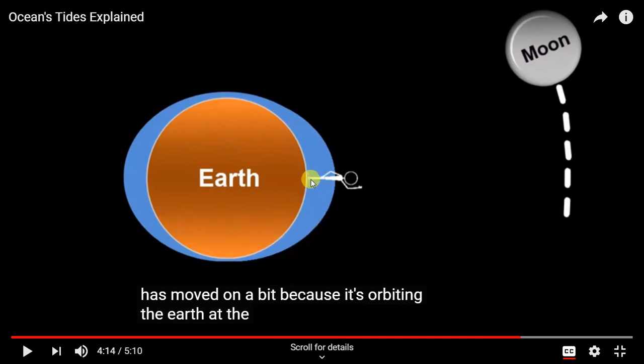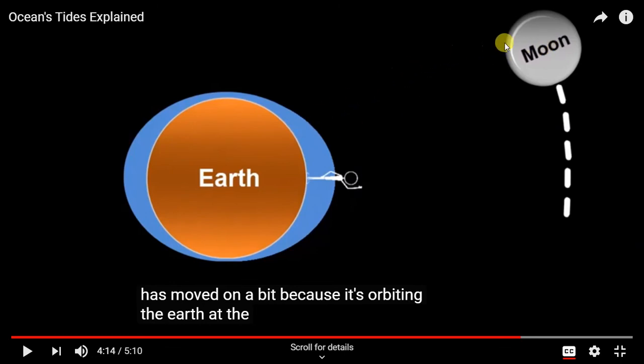So 1 day has passed and the Earth arrived at its original position. The Moon now is not here because it has moved a bit. It's now here. So to have the high tide on this second day, the Earth will complete its rotation until it reaches this point and catch up with the Moon.